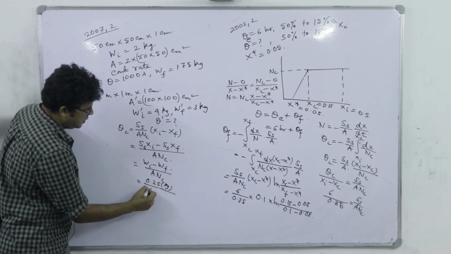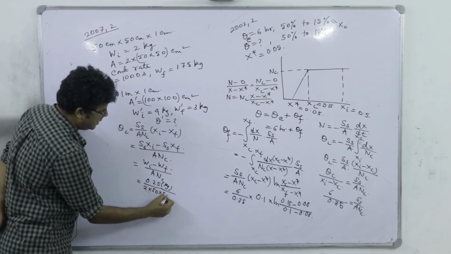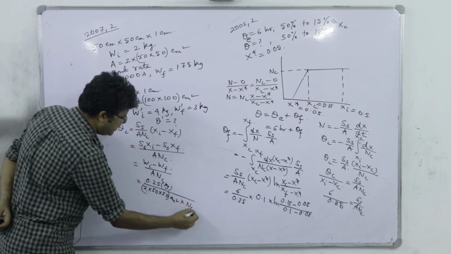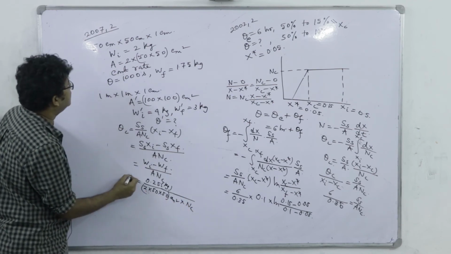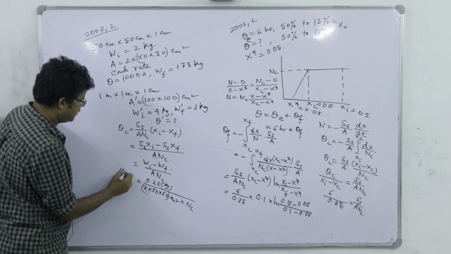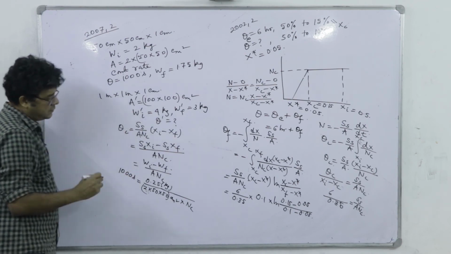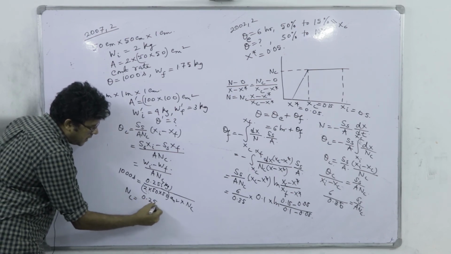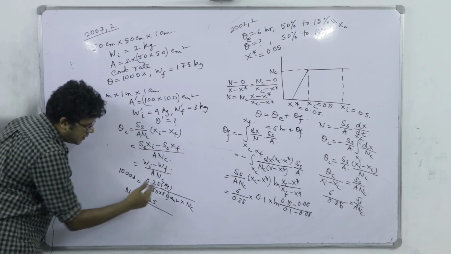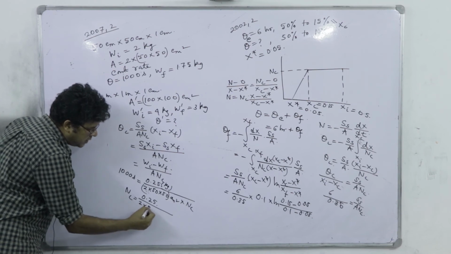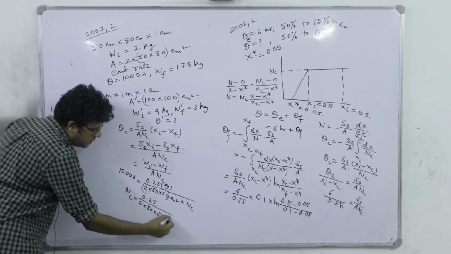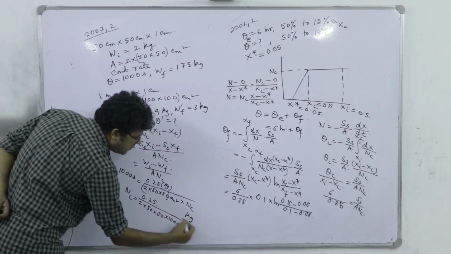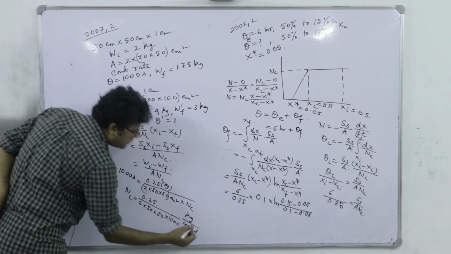So 2 into 50 into 50 centimeter square into NC, and here theta is equal to 1000 seconds. So NC we get as 0.25 divided by 2 into 50 into 50 into 1000, kg per centimeter square per second, that's the unit.